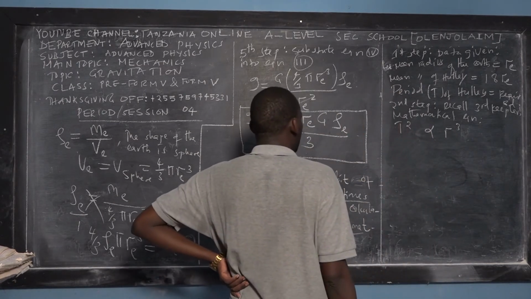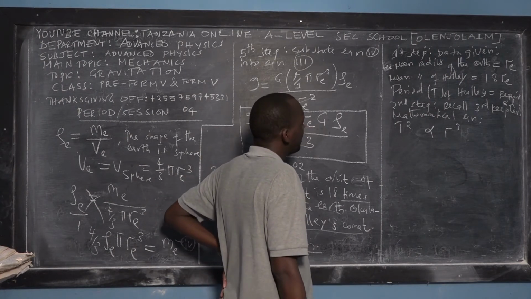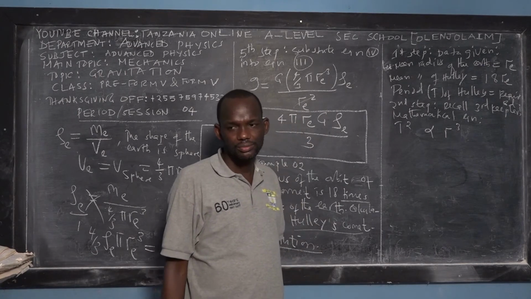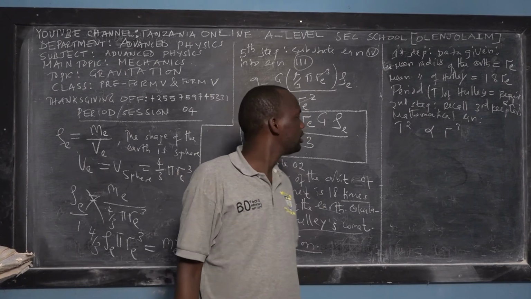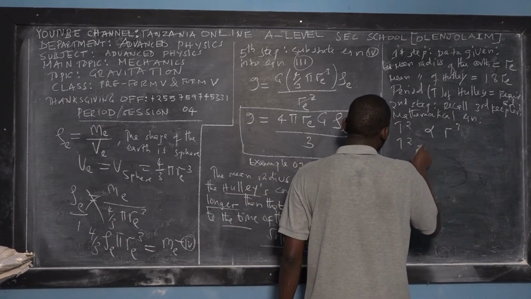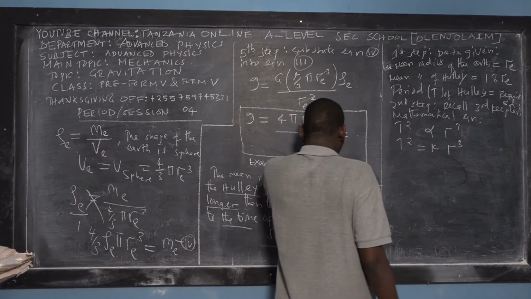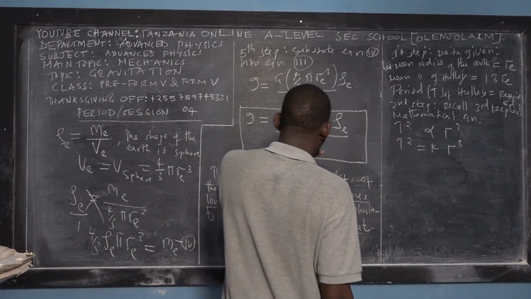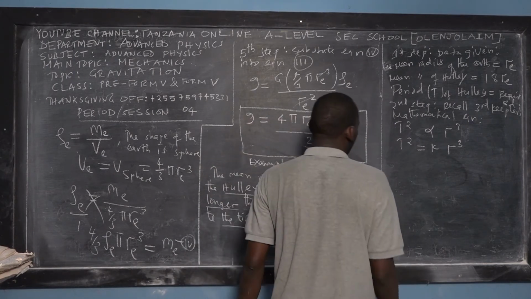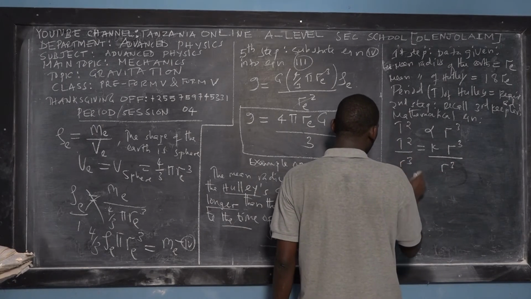Okay? It's directly proportional to the cube of the radius. Are we together? So we say that if this is the case, T squared is equal to K R cubed. So divide by R cubed, divide by R cubed.